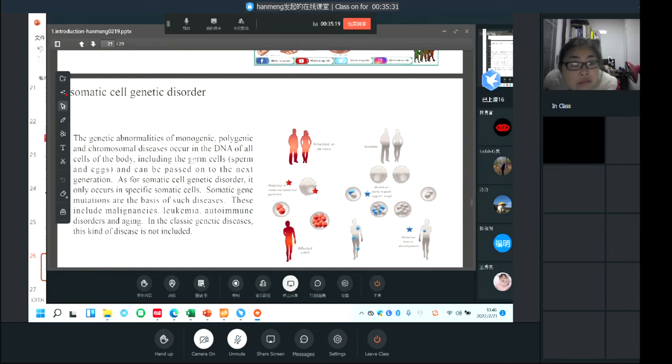For example, the cancer. The cancer maybe can be genetic or most of these diseases, somatic cell genetic disease, are caused by the environmental.